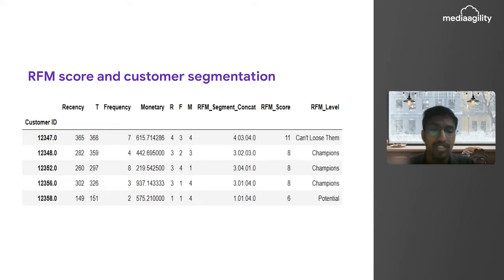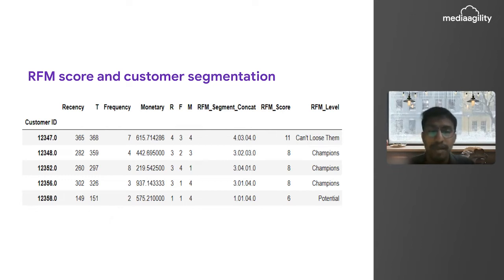And whatever data is showing here, we took a sample of e-commerce data, and on that we are showing these results. After that, here it is showing R, F, and M. These are the RFM values that we categorize in the range of 1 to 5.